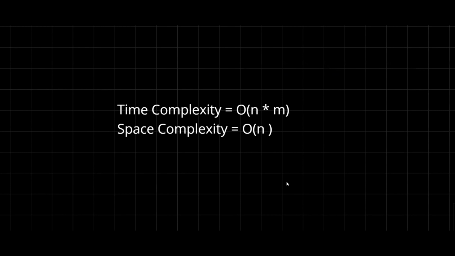In this program, the time complexity is big O of n times m because we are using nested loops, and here n is the size of the input list and m is the size of the longest string. And the space complexity is big O of n because in the worst case, the size of the set can be equal to the size of the input. So here the space complexity is big O of n.